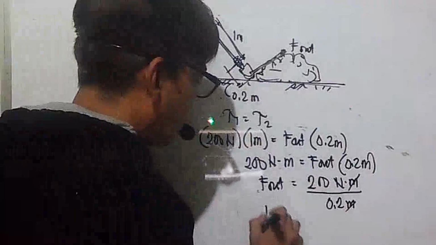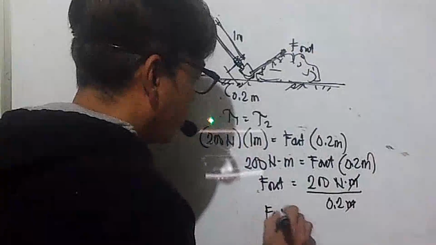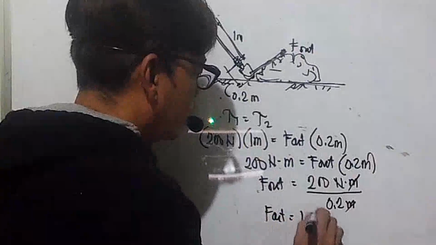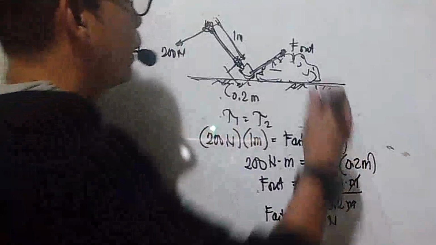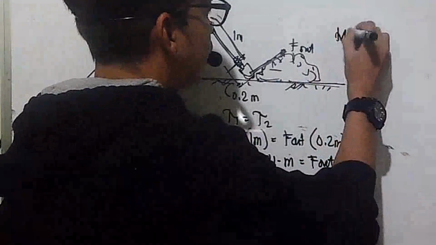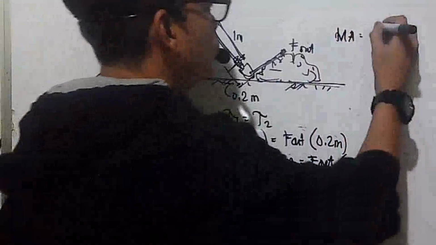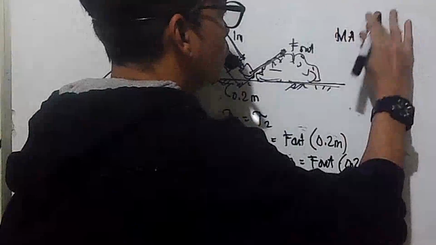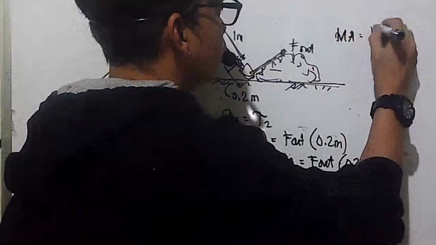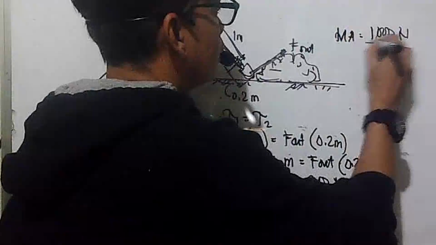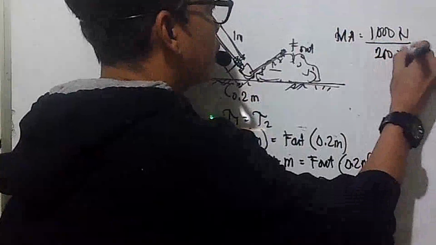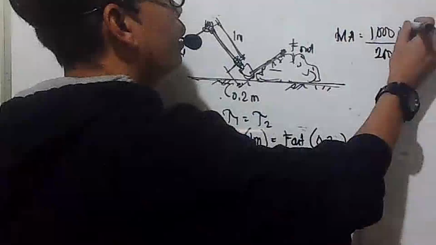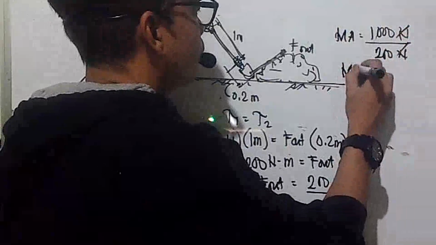Okay, so your F out is equal to 1,000 newtons. Okay, so let's get the mechanical advantage. Mechanical advantage is equal to your output, which is equal to 1,000 newtons, divided by your input equal to 200 newtons. Okay, so it is 5.